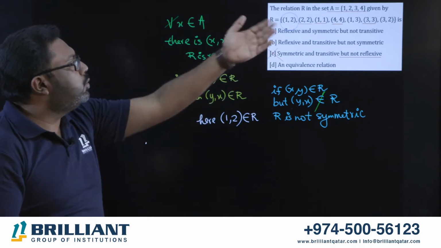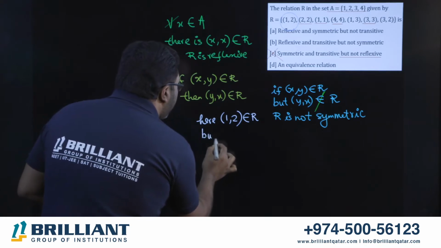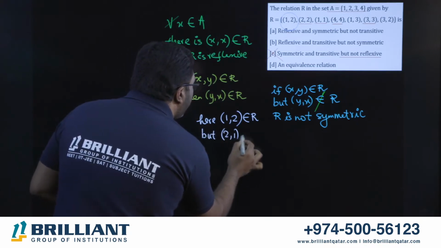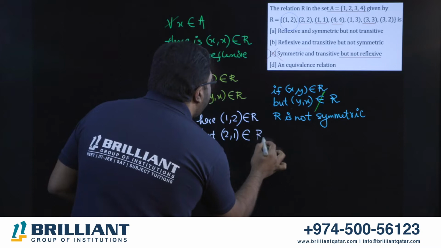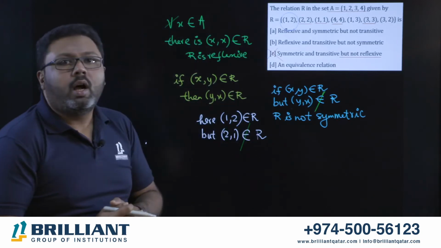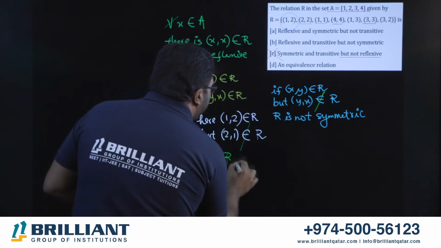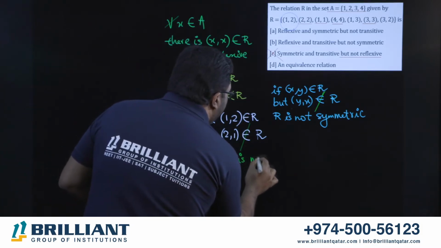You can see that (2, 1) is not there in the relation R, so (2, 1) does not belong to R. So I can say that R is not symmetric.